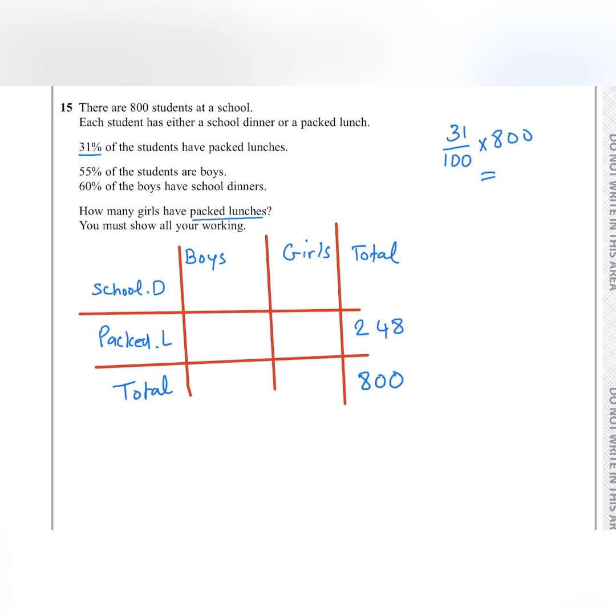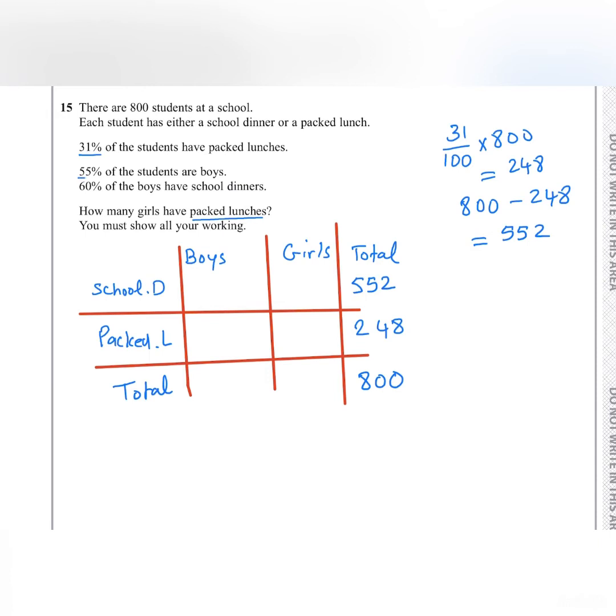And so the rest of the people would have school dinner. So we can do 800 take away 248. That is 552. So 552 people in total have school dinners.